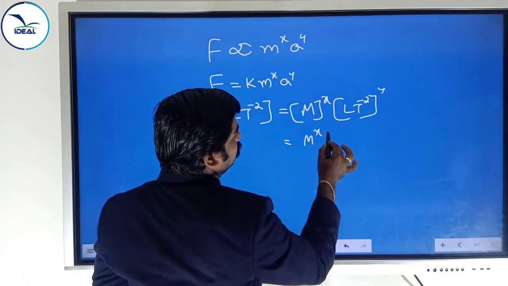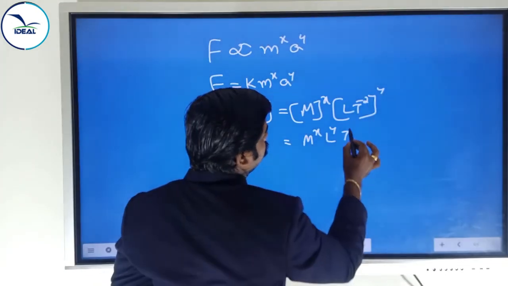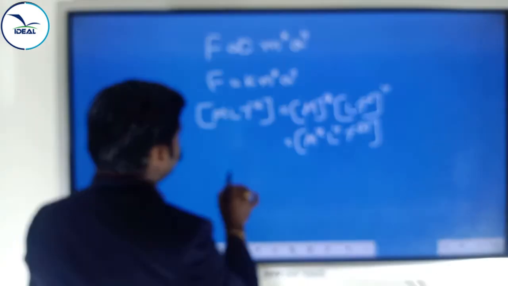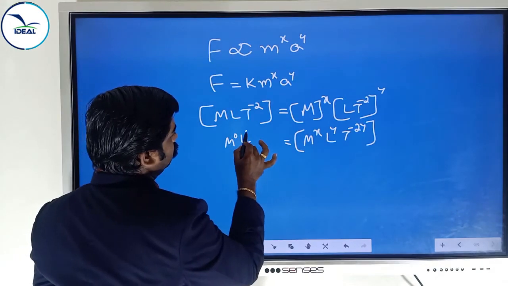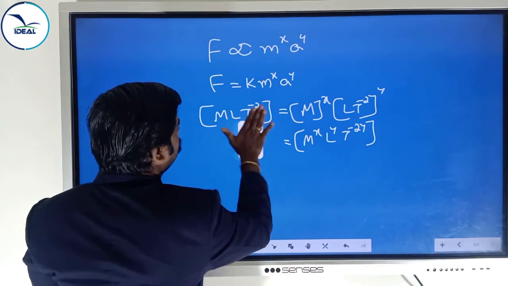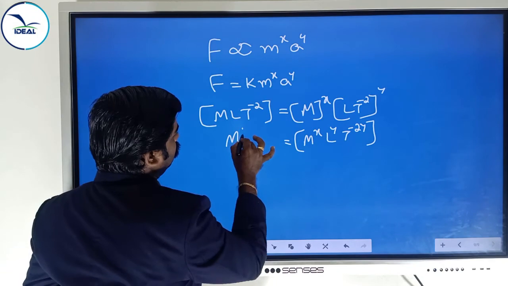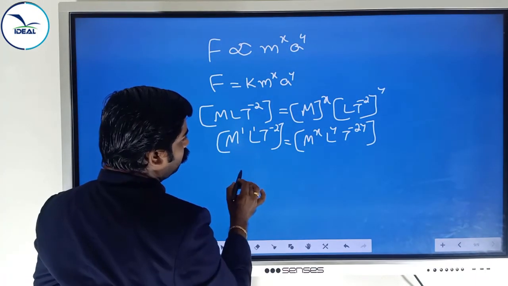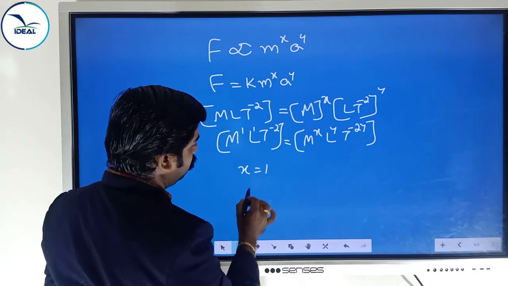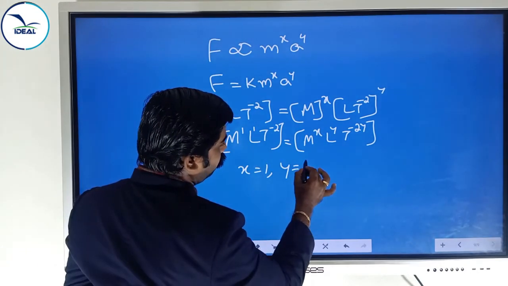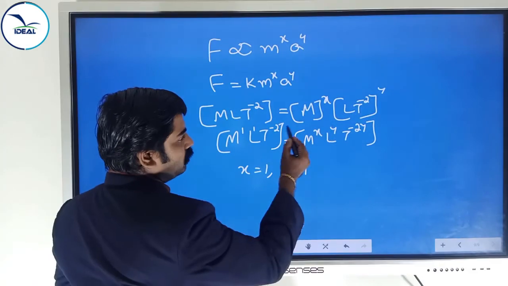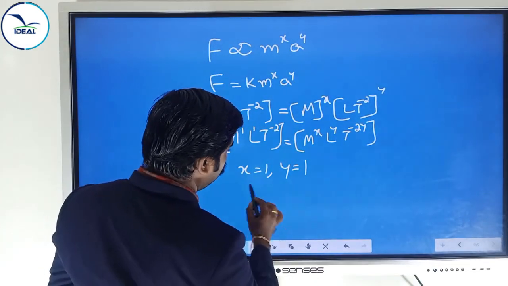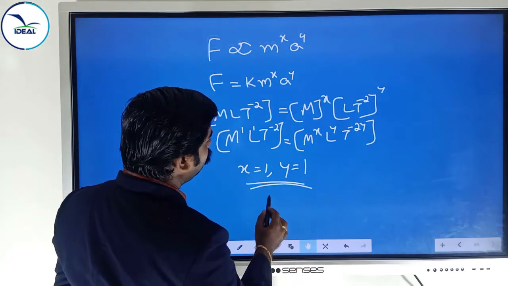So that is M raised to x, L raised to y, and T raised to minus 2y. Comparing with M raised to 1, L raised to 1, T raised to minus 2, we get x equal to 1, y equal to 1, and from minus 2 equals minus 2y, Y equals 1. So we got x equal to 1 and y equal to 1.